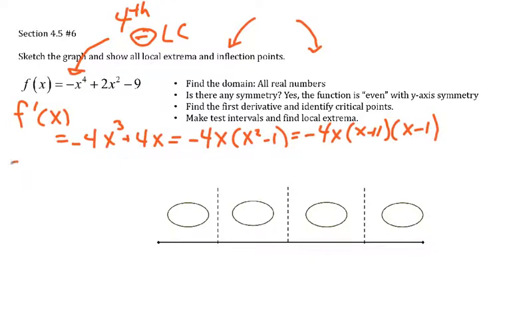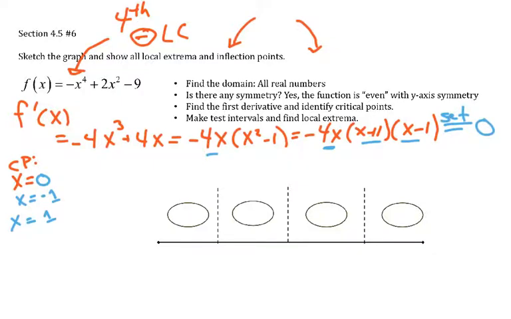So what are my critical points? x equals 0, x equals negative 1, and x equals 1. We have 3 critical points because we have 3 factors there when we set this equal to 0 and solve for x.